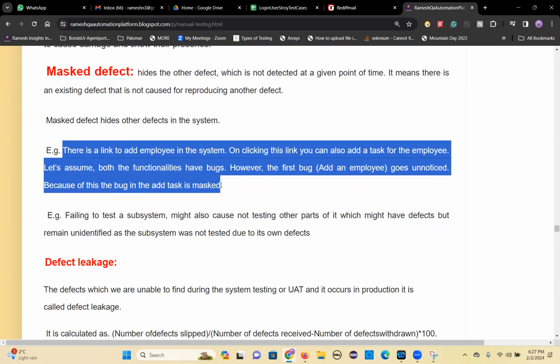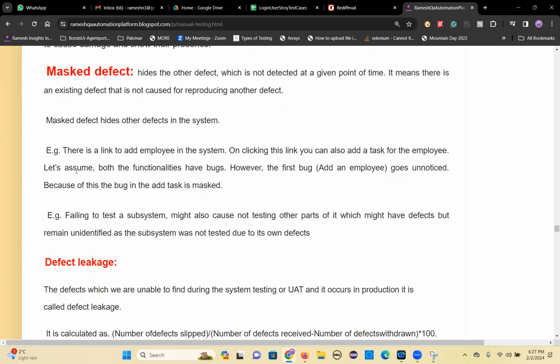This is the best example. You can explain this same example, or think of a similar scenario in your application, because they will ask, give me an example for a masked defect in your application. So there is an add employee link in the application.